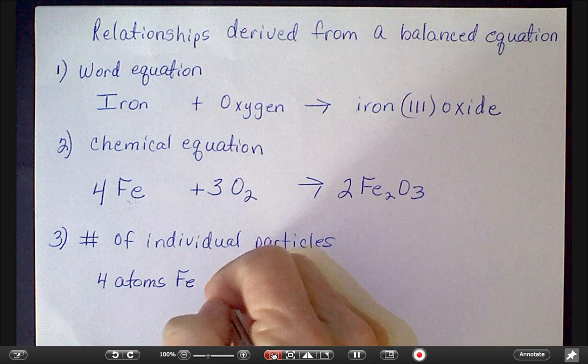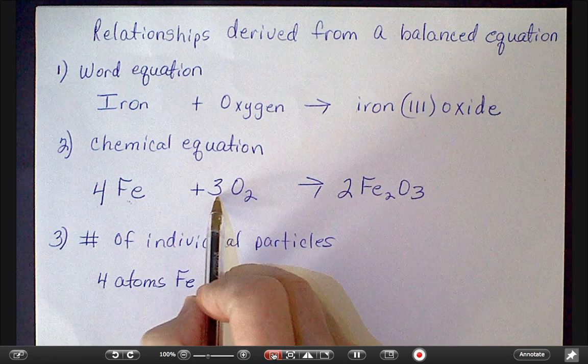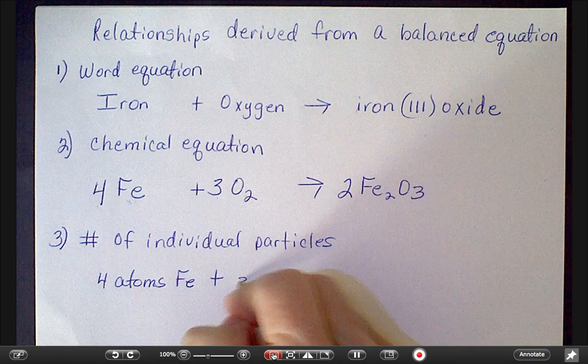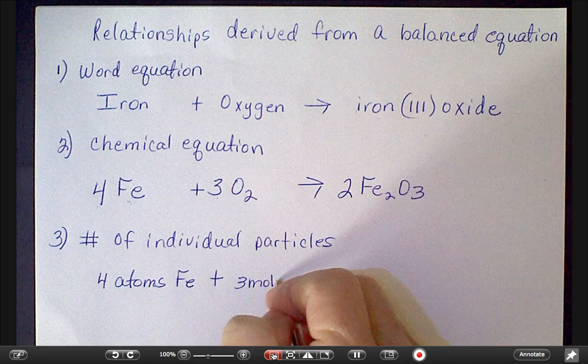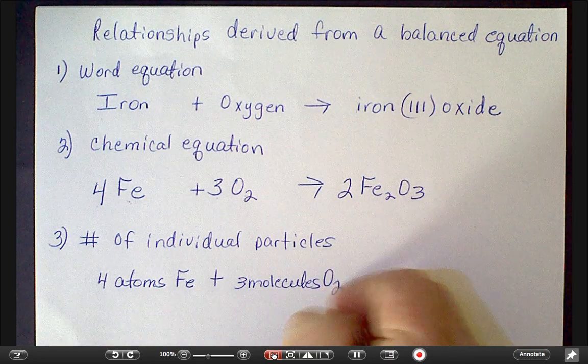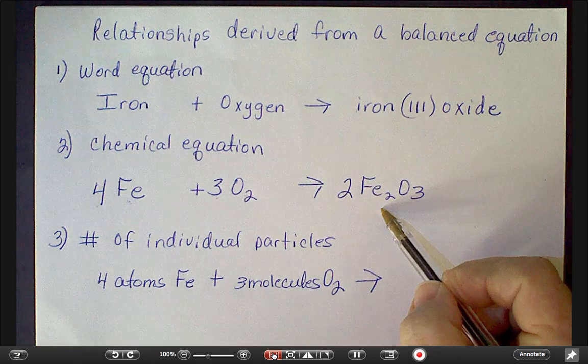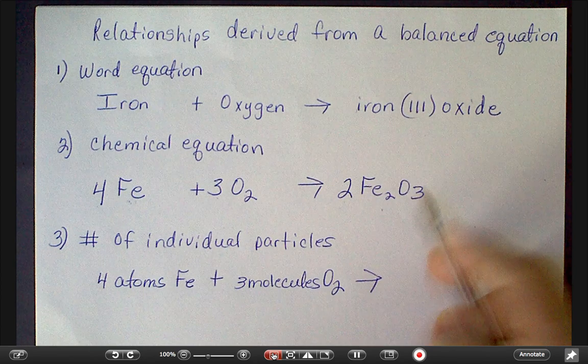Okay. Plus how many molecules of O2? So we're looking on the individual basis here. And how many formula units of Fe2O3? 2.